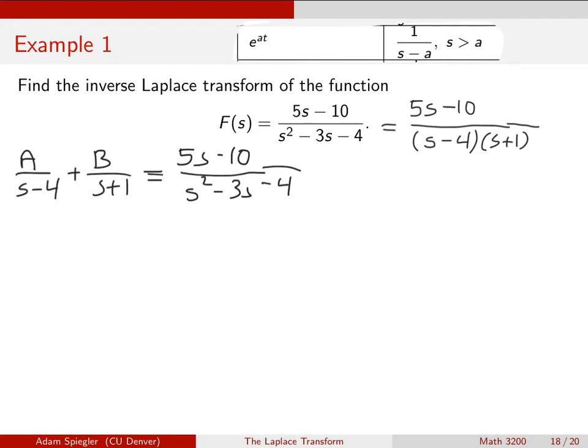If I wanted to add these two together, I would multiply the A over (s - 4) by (s + 1) over (s + 1) on the top and on the bottom. And I'm going to multiply the second fraction by (s - 4) over (s - 4), and that puts it all over this common denominator.